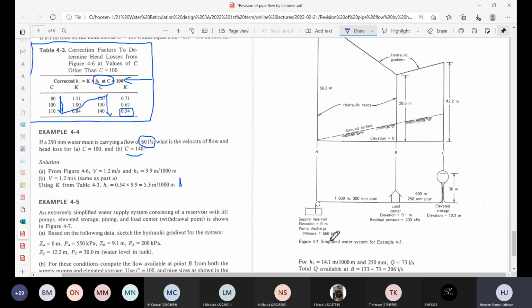If you took 550 and divided it by 9.79, you would get 56.2 meters of head.